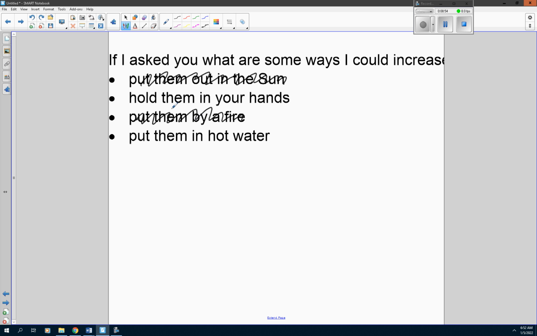So the things that we have left, holding the car keys in your hands and putting the car keys in hot water, basically have one thing in common, and it has to do with contact. So from now on in our discussion, we're only going to be talking about heat or energy transfer that's a result from direct contact. Okay? We'll come back to talking about the sun and fire in a bit.